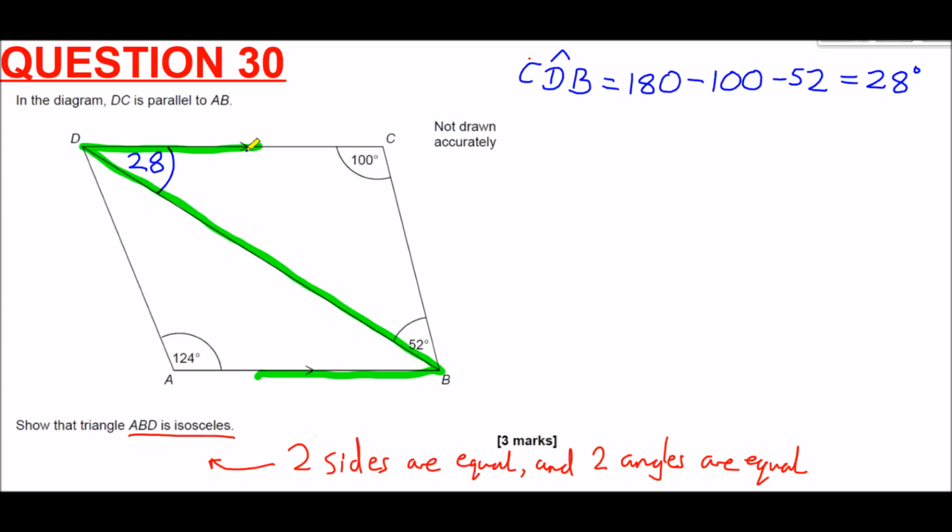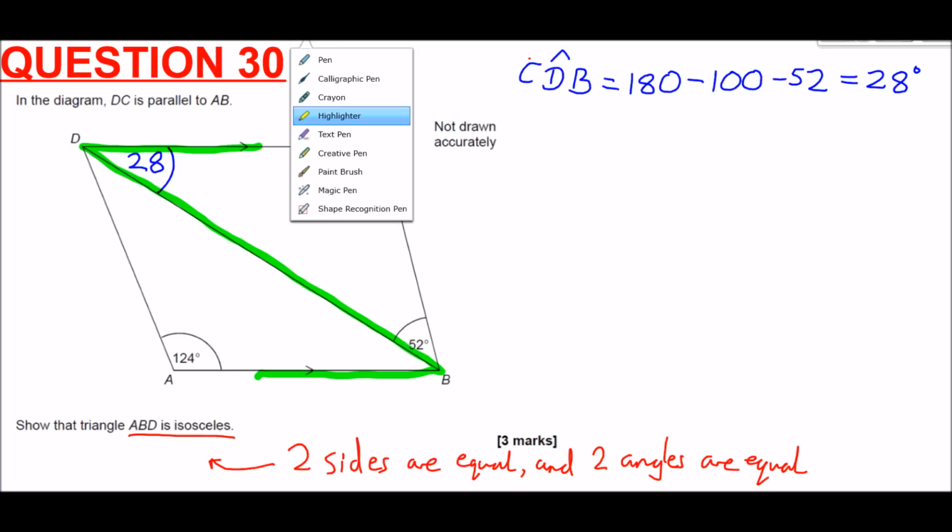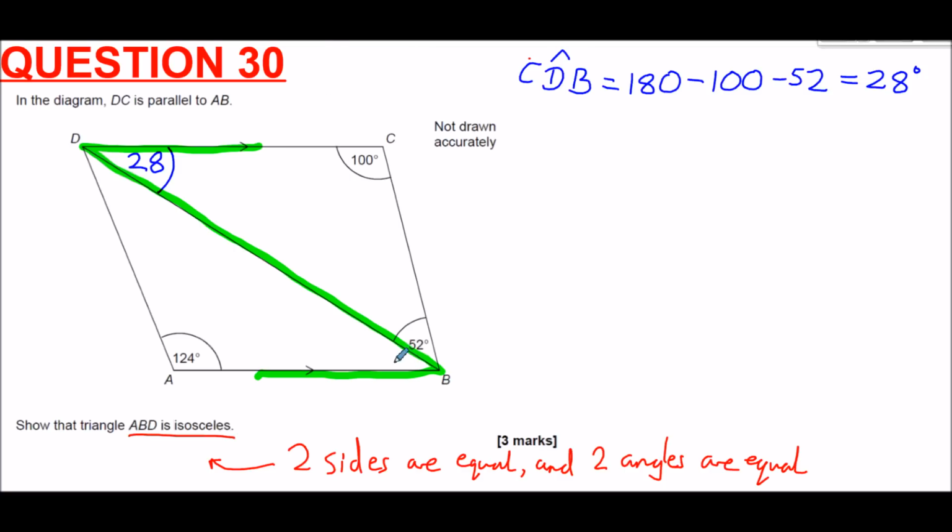A Z angle, if you've got two sides which are parallel and a straight line joining these two parallel sides, the corners in between the Z will have to be equal. So if this is 28, this angle down here is also 28.